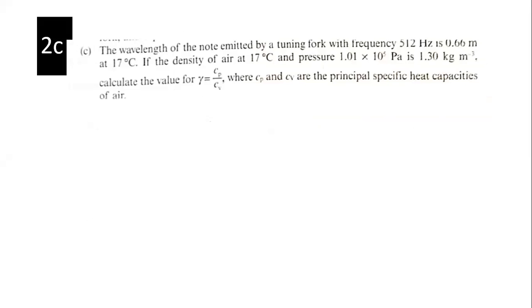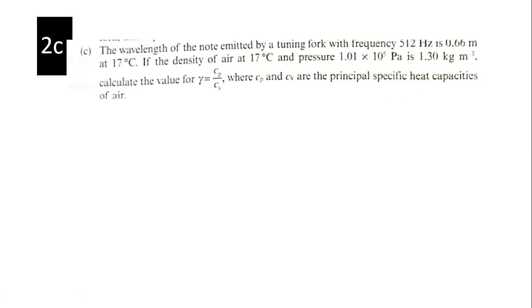Right, let's finish this one. The wavelength of the note emitted by the tuning fork with frequency 520 Hz is 0.6 meter at 17 degrees Celsius. If the density of air at 17 degrees Celsius and the pressure is given, calculate the value of gamma equals Cp over Cv, where Cp and Cv are principal heat capacities.